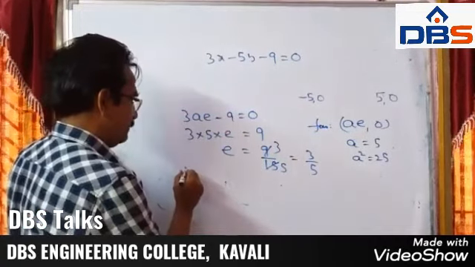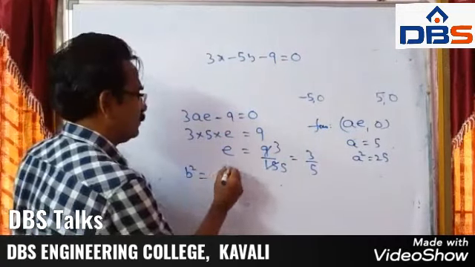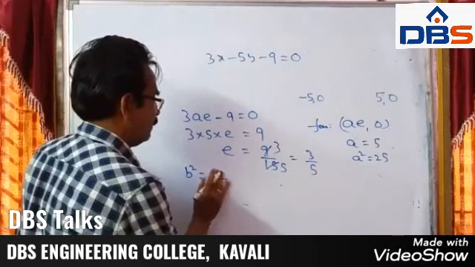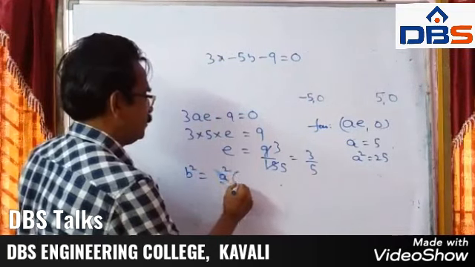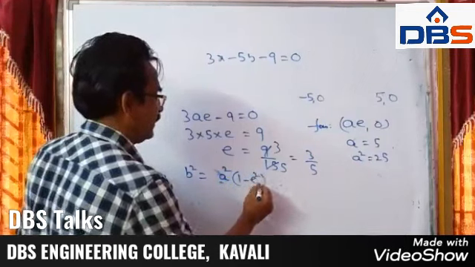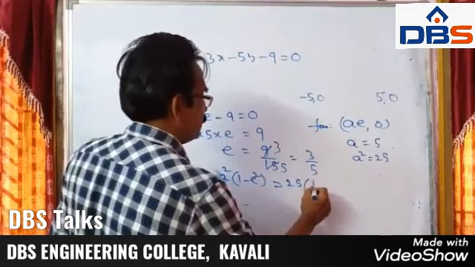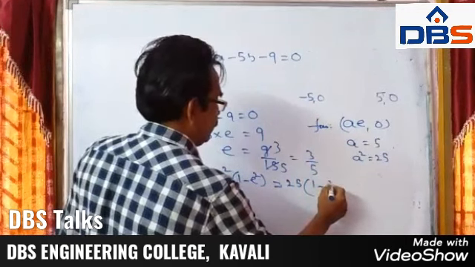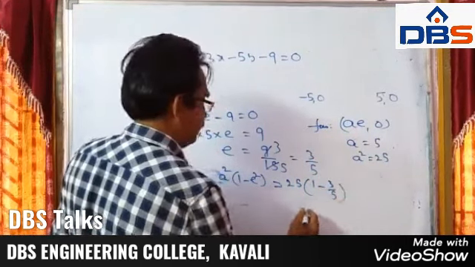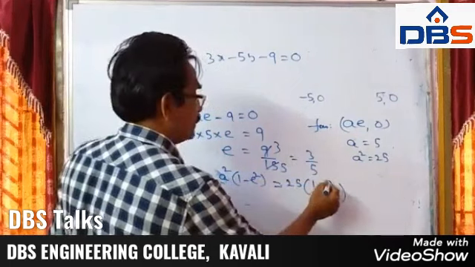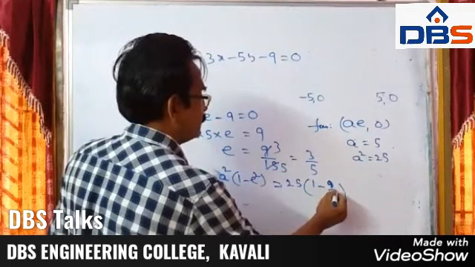We know friends, b square is equal to a square into 1 minus e square, right friends? So a square 25 into 1 minus 3 by 5 whole square, e square is 9 by 25.